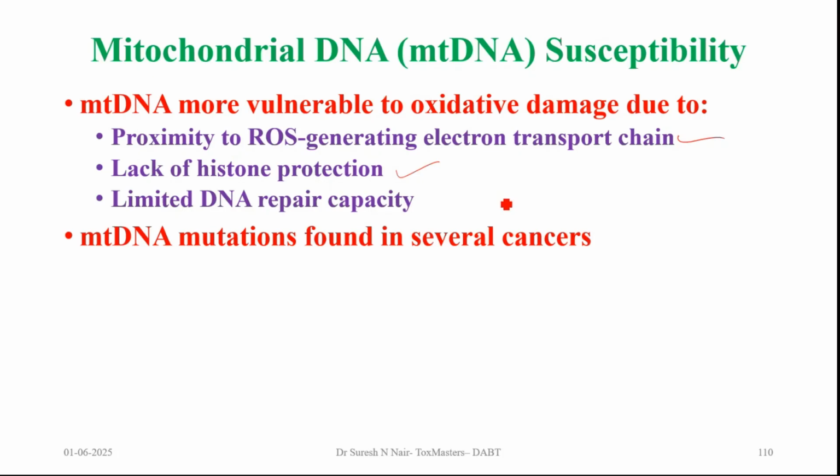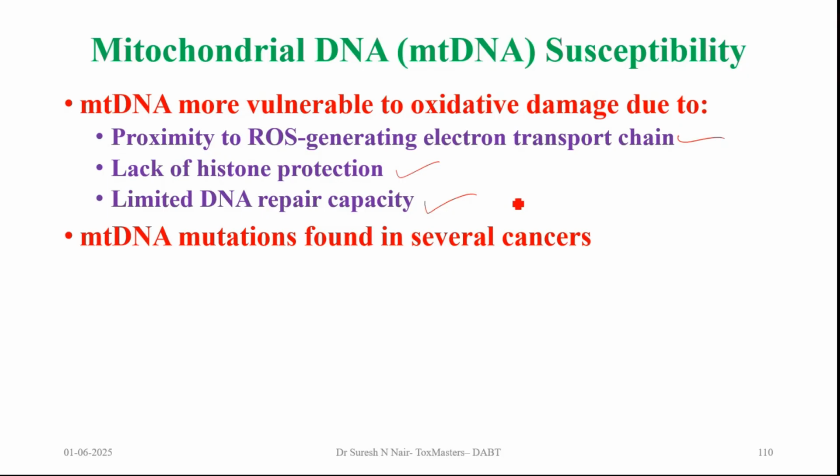Generally, the DNA in the nucleus is wound around histone proteins, but in mitochondrial DNA there is no histone. It is free DNA only, so the oxidative agents can act on any site. The third important mechanism is that the nucleus has DNA repair capacity.